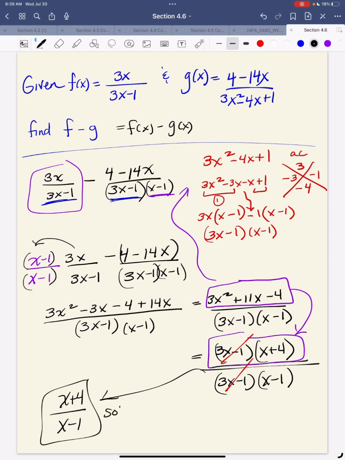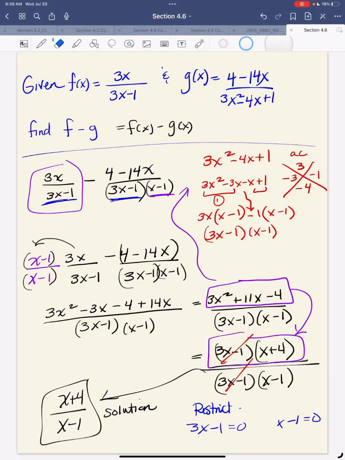Now it's important that we also mention what the restriction is on the domain. The restriction is given as, well, we would take 3x minus 1, set it equal to 0, and solve for x, and x minus 1, set equal to 0, solve for x.